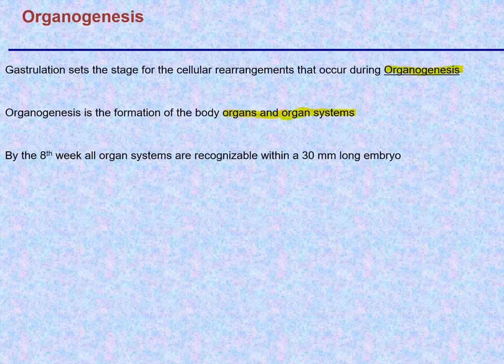By the 8th week of development, all of them can be recognized within a 3-centimeter long embryo. So there's actually quite an amazing, huge explosion of cell growth and differentiation, enough that you can actually recognize structures and organ systems.